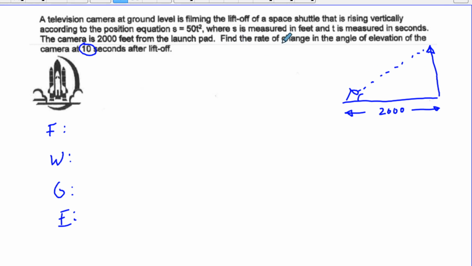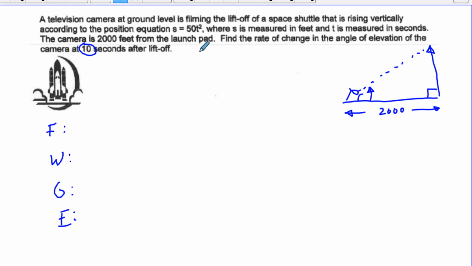And so find the rate of change in the angle. As the camera tracks the rocket ascending, that camera is going to pivot at a certain rate. So it's going to be an angular rotation, and the rate of change of that angular rotation is what we're looking for.